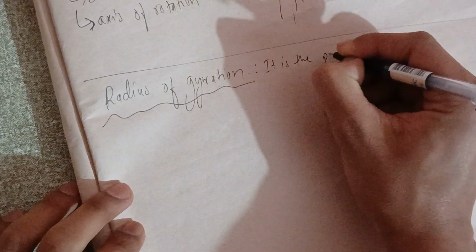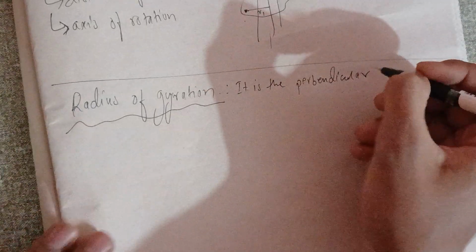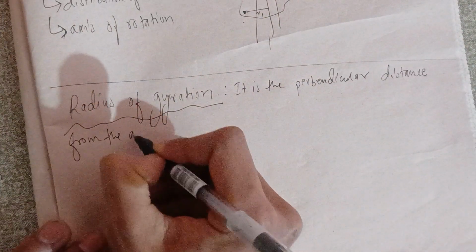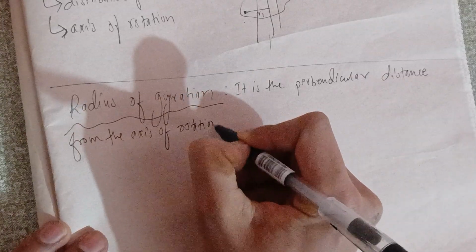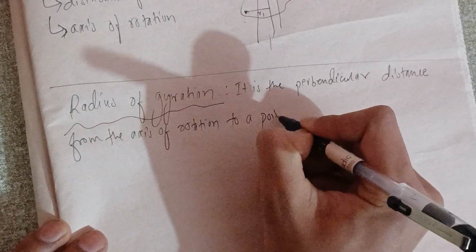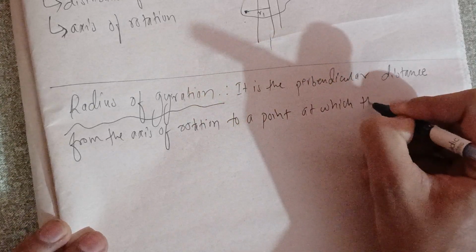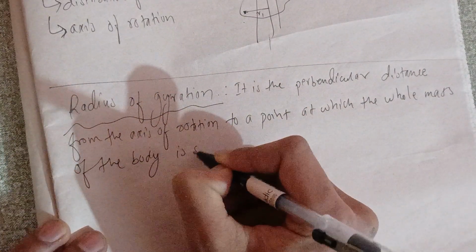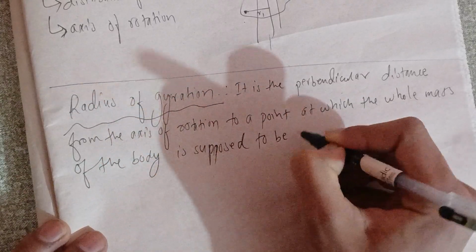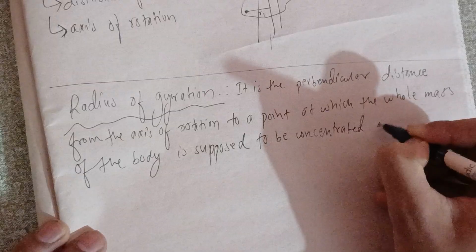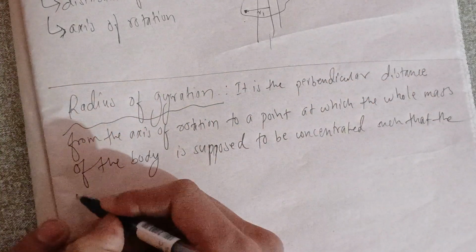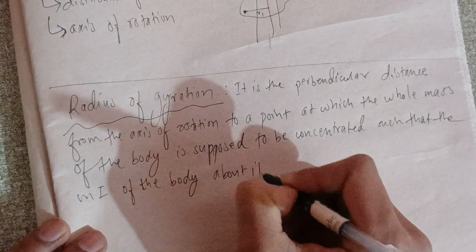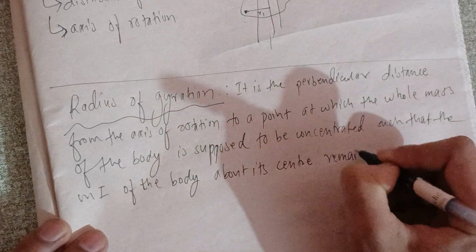So remember this. It is the perpendicular distance from the axis of rotation to a point at which the whole mass of the body is supposed to be concentrated, such that the moment of inertia of the body about its center remains same.